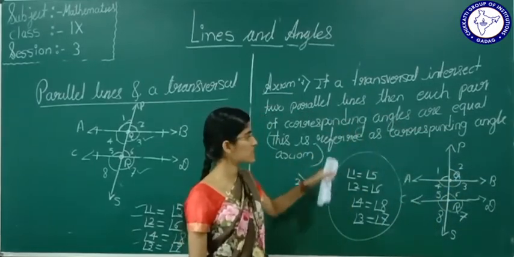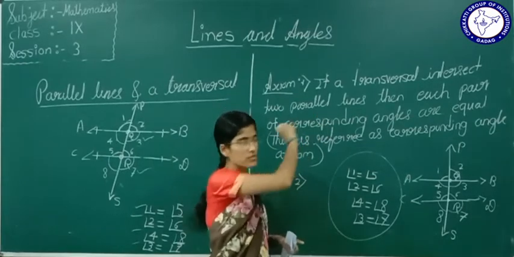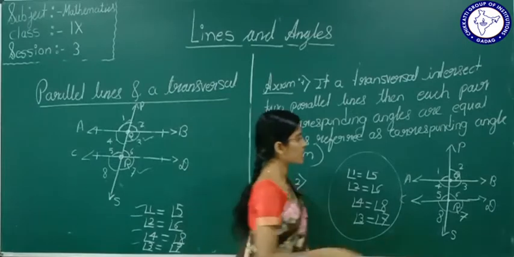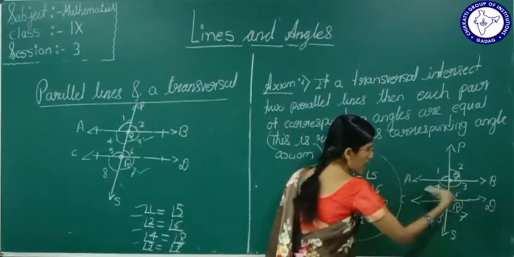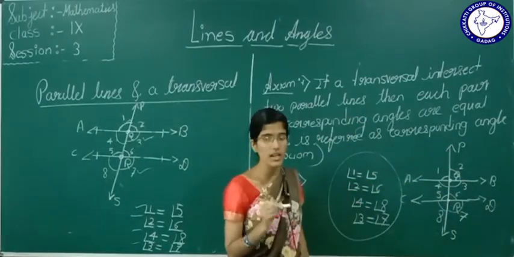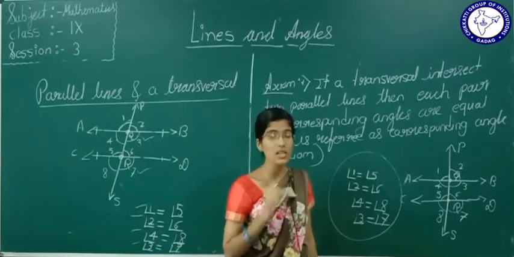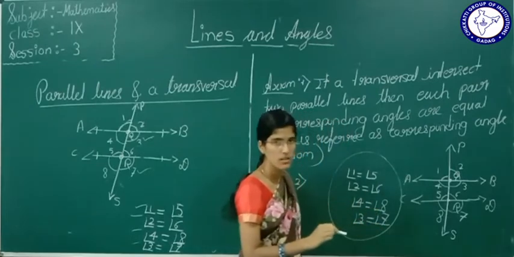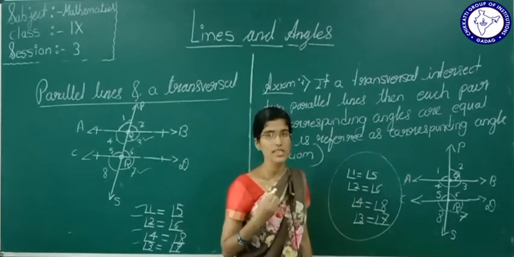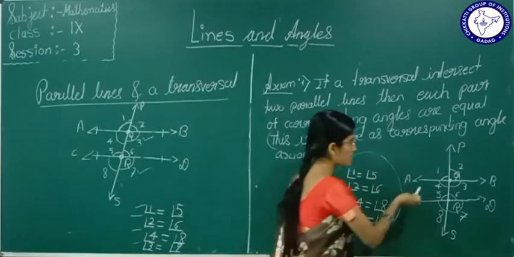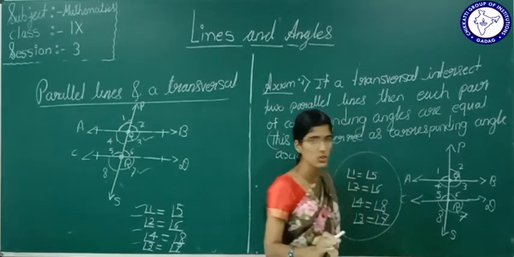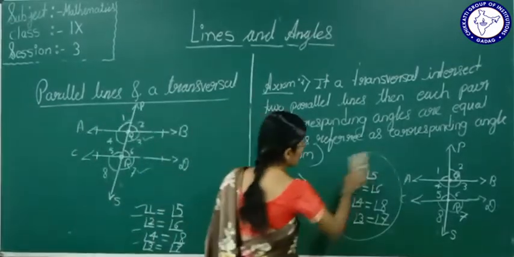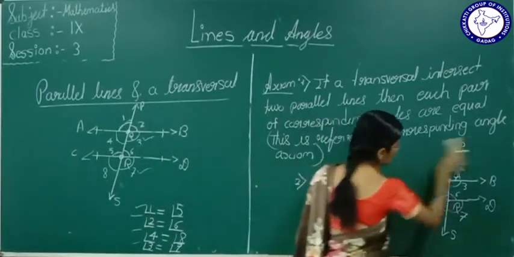This is just the converse of the corresponding angle axiom. If a transversal intersects 2 lines such that the corresponding angles are equal, then the 2 lines are parallel. So this is nothing but the converse of the corresponding angle axiom.